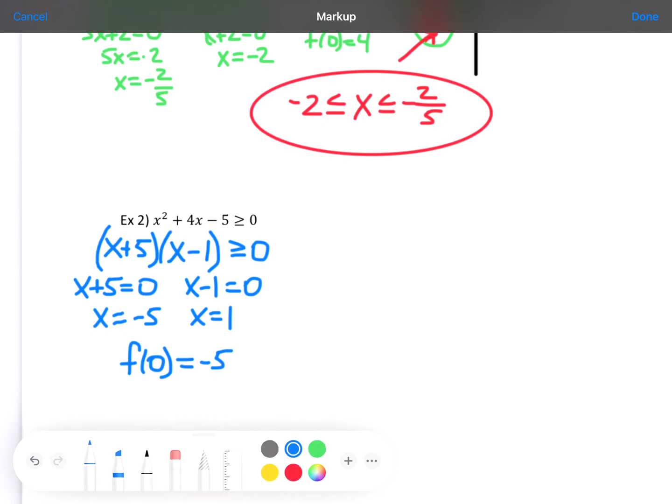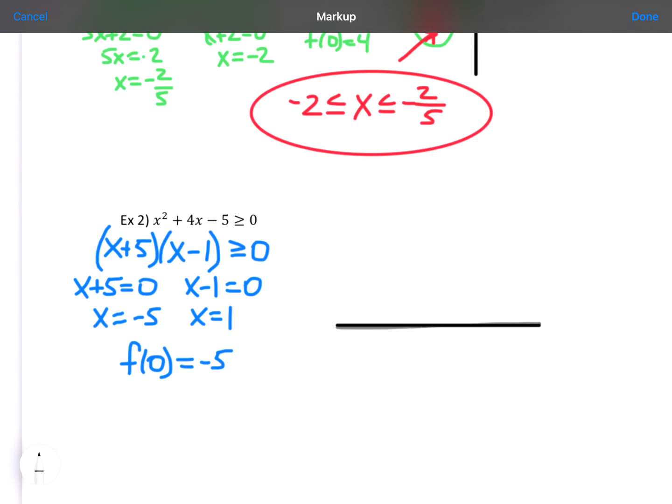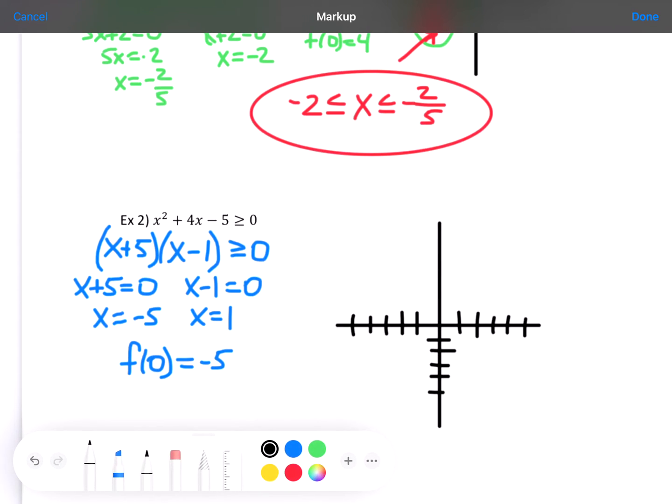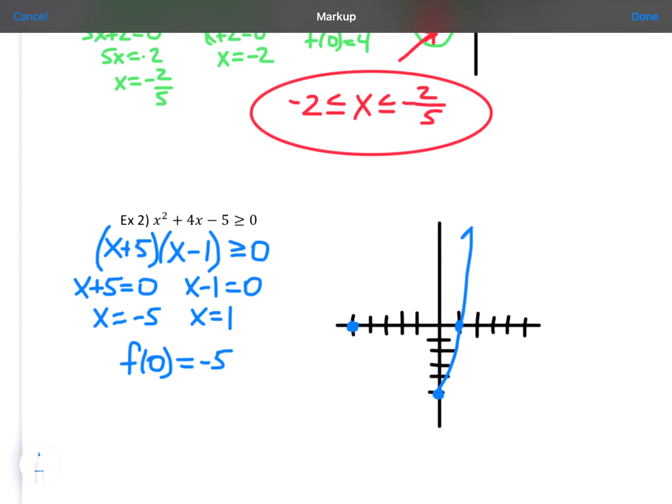So now when I look at my graph, I know I'm at negative 5 and 1. I now have to go down to negative 5. So I'm going to plug in my x-intercepts, negative 5 and 1, and my y-intercept, negative 5. So I can see it goes like this.